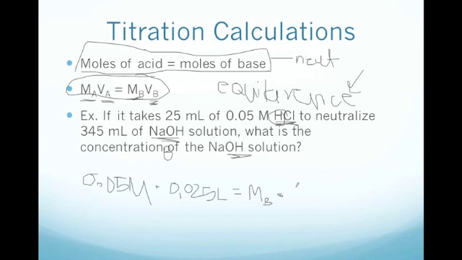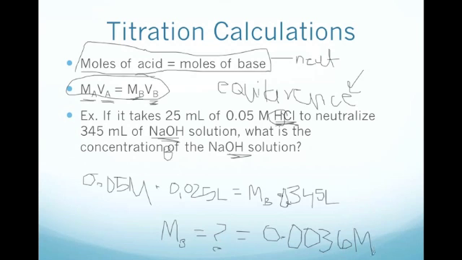And I know that I'm starting out with 345 milliliters, which I forgot to write in liters, so 0.345 liters. So all you have to do is solve for your MB, which is the molarity of your base, and you should take a moment and pause the screen. Okay, 0.0036 molar is the concentration of the NaOH solution.